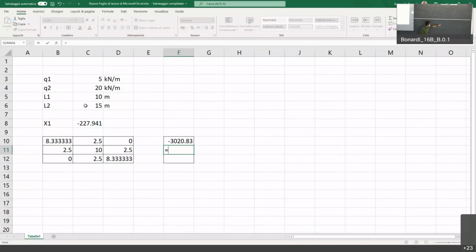If I didn't put the brackets in Excel, I would have written just minus Q1L1 to the power of 3 plus this stuff over 24. This is different. This is what I would have written if I didn't put the brackets. The brackets tell me that all the stuff inside the brackets is divided by 24.